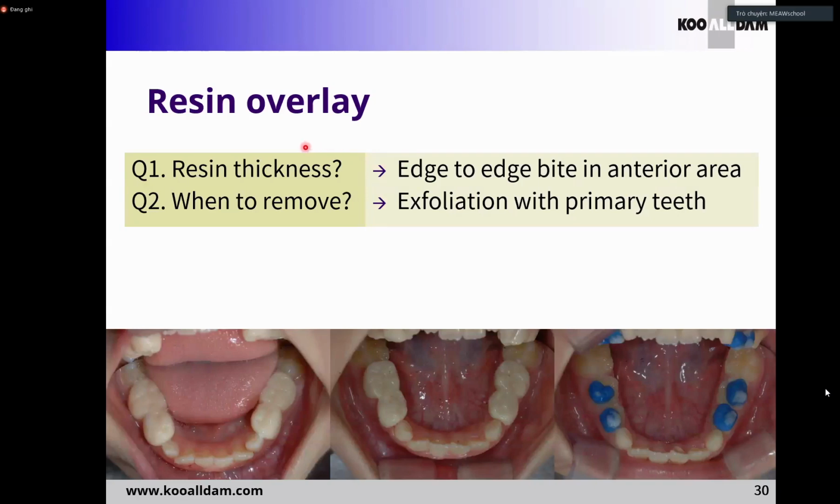At that time, we have the following questions. How much resin thickness? Edge to edge bite in the anterior area. When to remove? Do not remove the resin overlay after correct jumping out. So this resin overlay is exfoliated with the primary molar teeth.